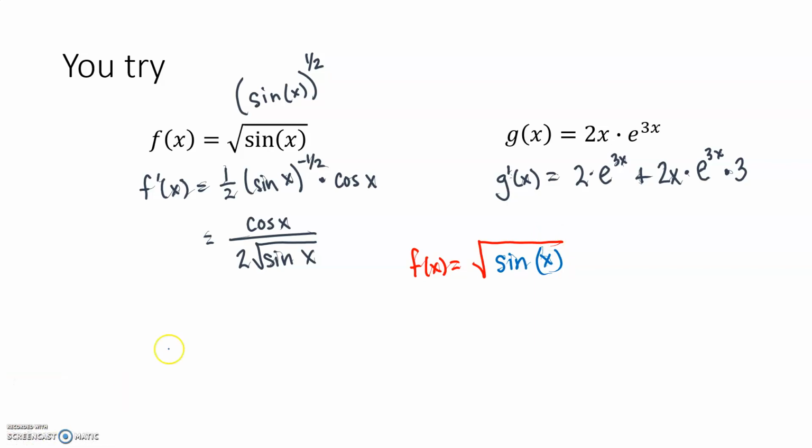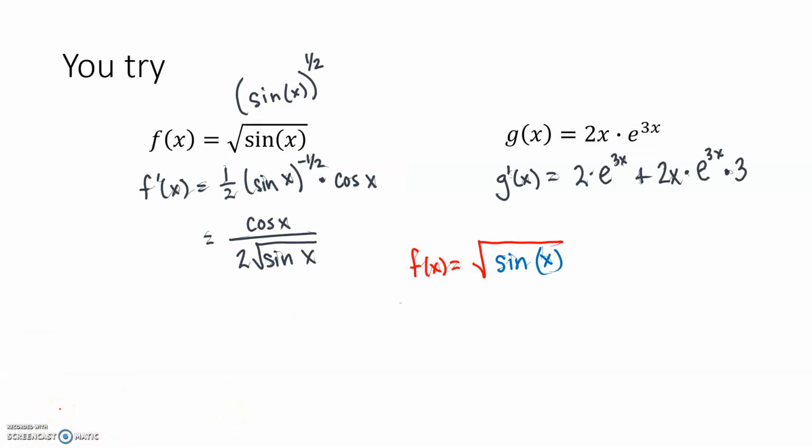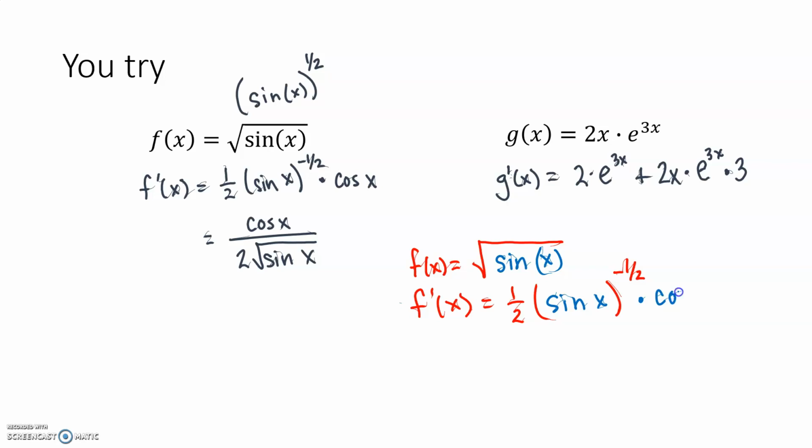And I know that the derivative of square root is 1/2 x to the negative 1/2 power. And then I'm going to make sure to leave the baby alone and then multiply by the derivative of the baby.